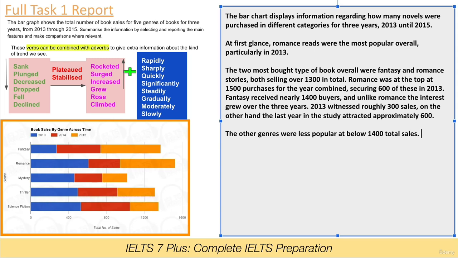Okay, let's talk about science fiction and thriller being over 1,200. Science fiction and thriller. Maybe another way of saying books, paperbacks.